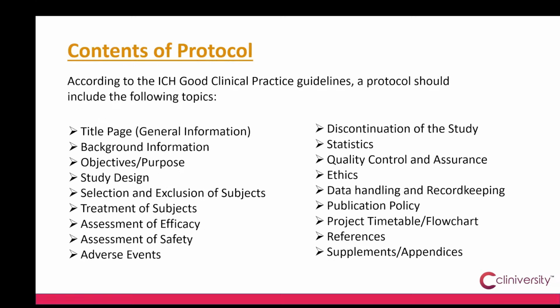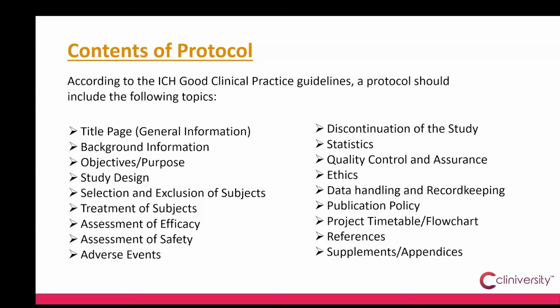So what are the contents of the protocol? According to the ICH Good Clinical Practice, a protocol should include the following pages. A protocol should have a title page, and it should have the background information. It should have the objectives and purpose. It should have the study design. Selection of the subjects, like the inclusion and exclusion criteria, eligibility and non-eligibility criteria to select the subjects.